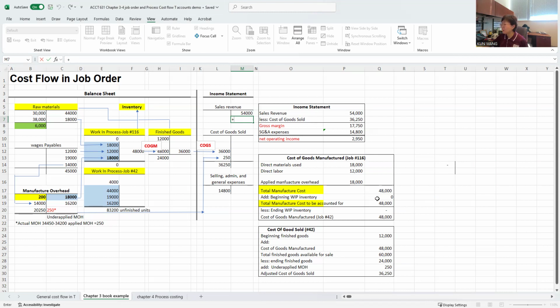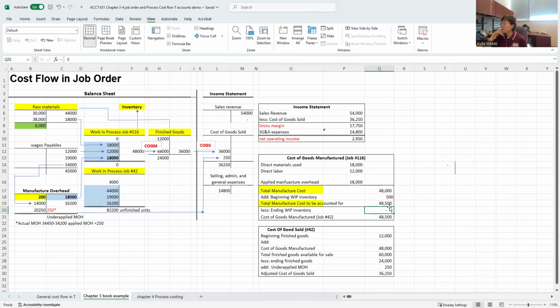But if you have a beginning balance, this number will change, right? For example, if I have a beginning balance of 500, that will change. So if I change the formula, the formula should be this.